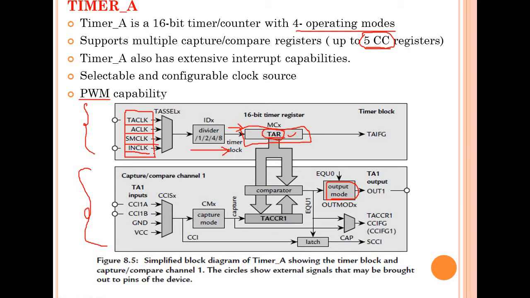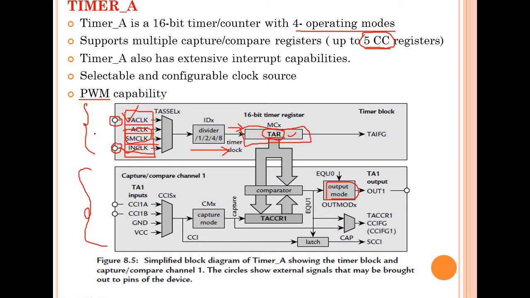Of these 4 clocks, A clock and SM clock are internal clocks, given internally. TA clock and IN clock are input clocks. These 2 clocks are external clocks given from external sources. This bubble indicates these 2 are external clocks coming from external devices.